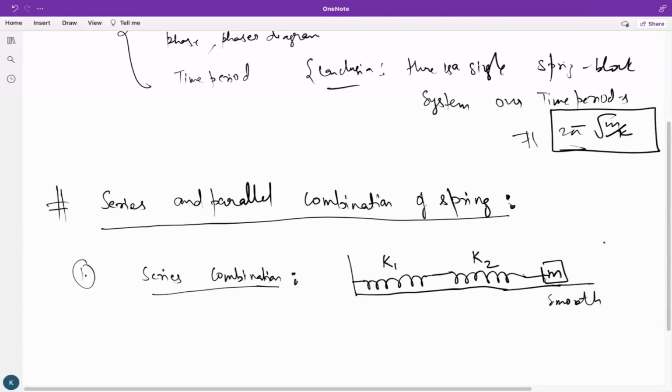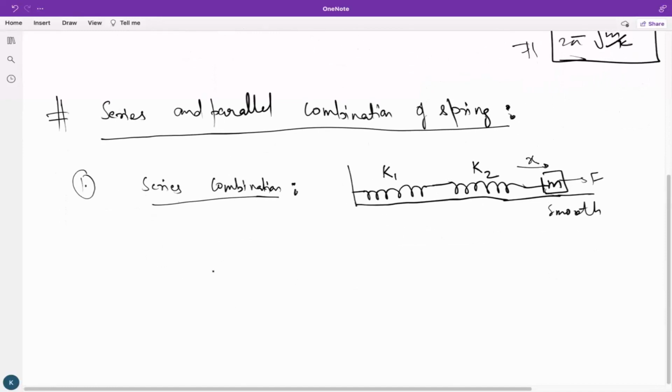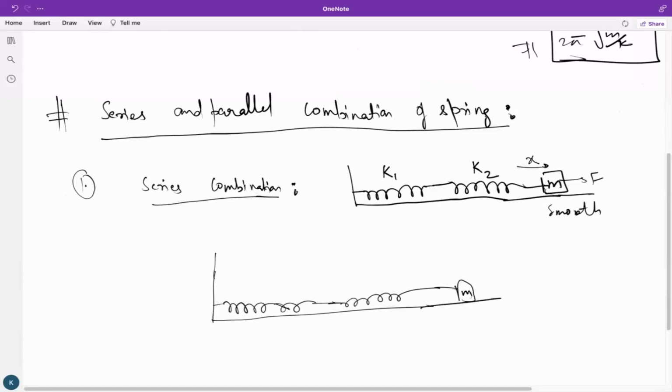Let there be a displacement X and a force F acting. The net displacement by the two springs is X. Let me assume the second spring is displaced by X2 and the first spring is displaced by X1.